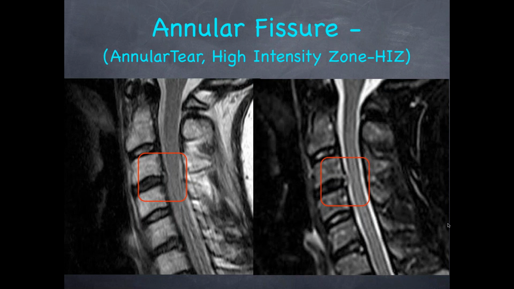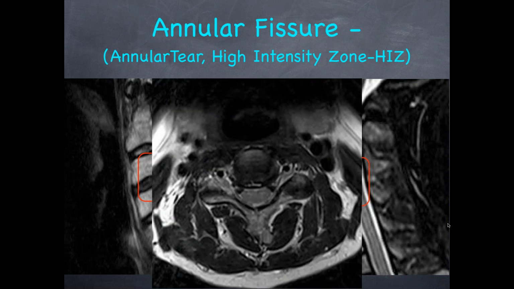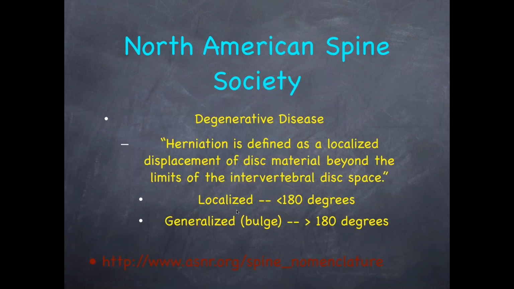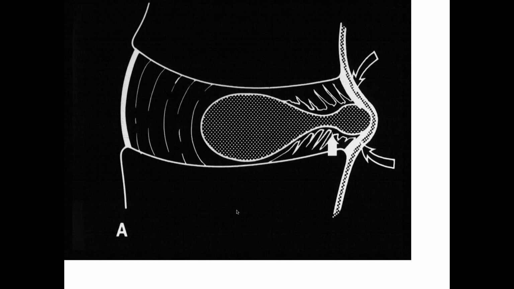Very rarely these can be due to an acute injury. 99% of the time, these are really degenerative changes in the annular fibers. And here, this shows the high intensity zone right here. Notice the flow voids that you see in the CSF in this case. But that's just a typical high intensity zone. It has the same criteria. Then the terminology for herniation is the same as we talked about before.